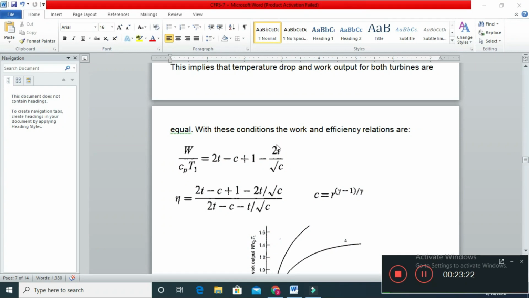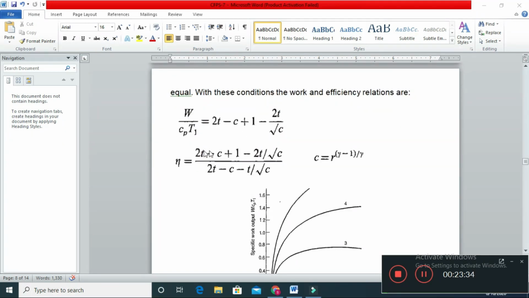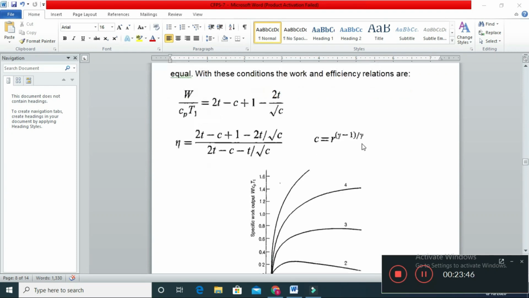Then using the isentropic relations between compressor and two turbine processes, we can have this type of relation for the specific work and for the efficiency. In this formula, for simplicity, C is pressure ratio to the power gamma minus 1 divided by gamma.